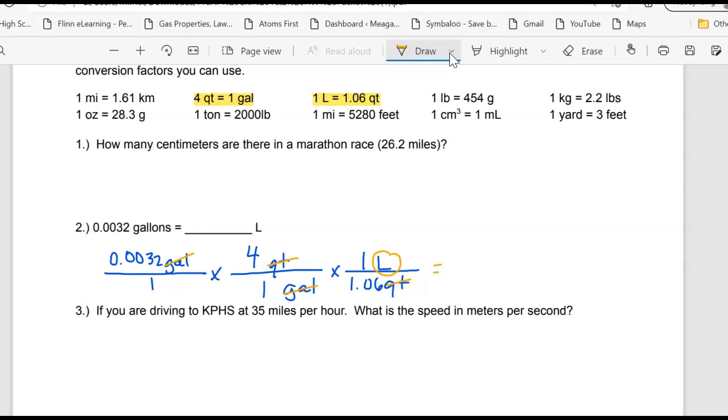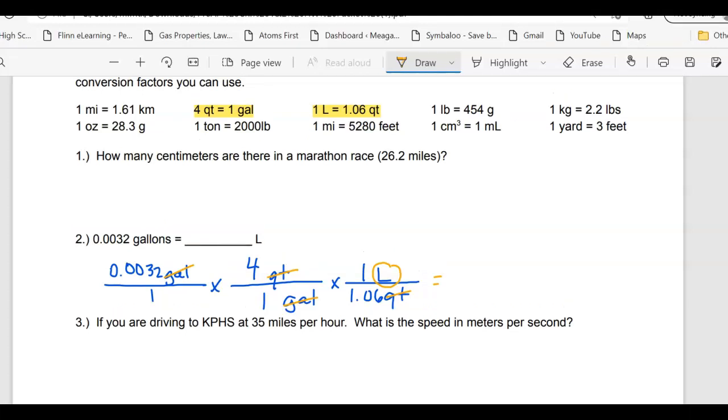So I multiply everything on top, I'm going to get 0.0128 over the bottom, which is going to be 1.06. So then I would divide those two numbers and I would get my answer.